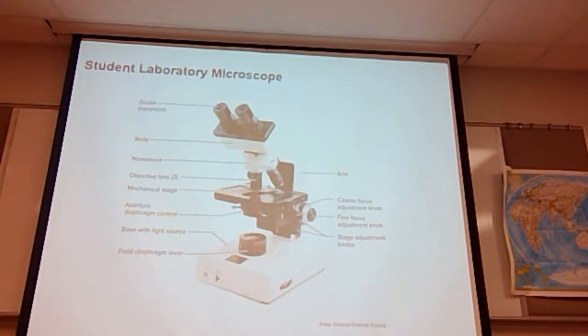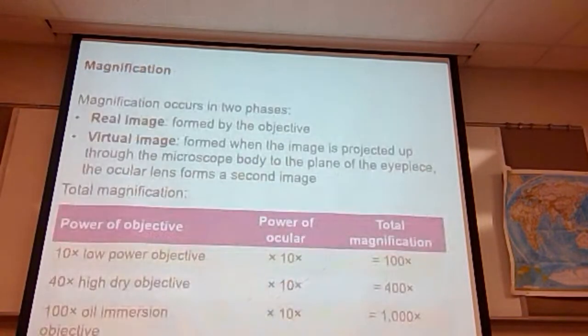The base is what it sits on. That's probably a light adjuster right there, turned all the way one direction, and it turns the light off. As you move it the other direction, the light gets brighter and brighter. You have the coarse and fine focus knobs, and I believe that's all the parts. I named all the parts.